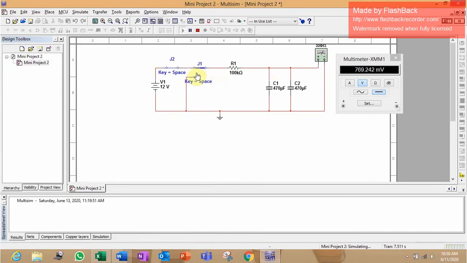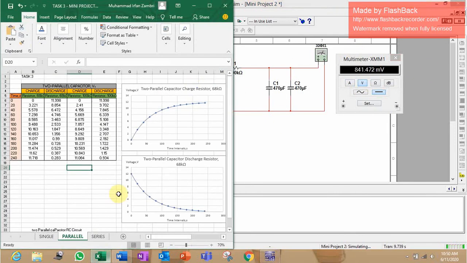For discharge, press the switch and it will change to discharge. The capacitor will start to discharge, the voltage starts to drop, and the maximum voltage is 11.998 volt, which is equal to the DC supply of 12 volt, and it will drop until 0.934 volt after 240 seconds, but it will keep dropping even after 240 seconds.